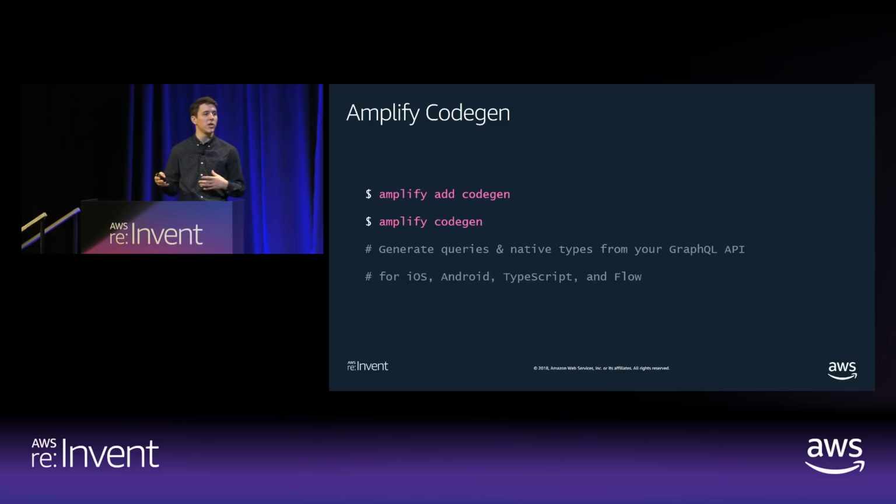And then when you run the code gen utility from the Amplify CLI, it's going to introspect your GraphQL schema, and it's going to create strongly typed native types within your client app so that you can use the strongly typed nature of Swift. It's going to map the database objects to objects in your application. And then you don't necessarily have to think about writing GraphQL queries as much. You can just say, I know that there's a list posts query in there. We'll generate that type for you, and then you can operate using traditional SDKs that you'd think of if you were going to be using Swift or Android.